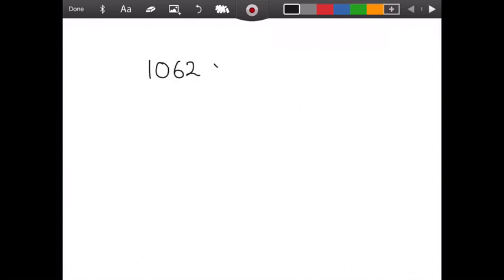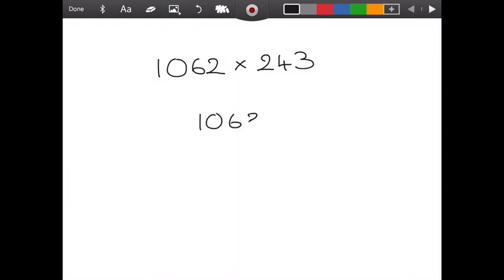Okay, let's take 1062 multiplied by 243. The first steps are exactly the same. Set them out with the largest number on top and the smaller one underneath, carefully lined up.